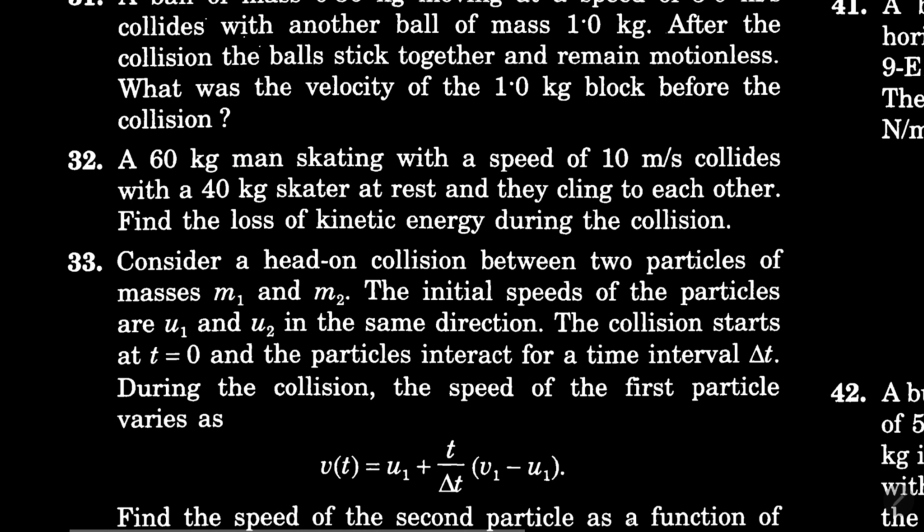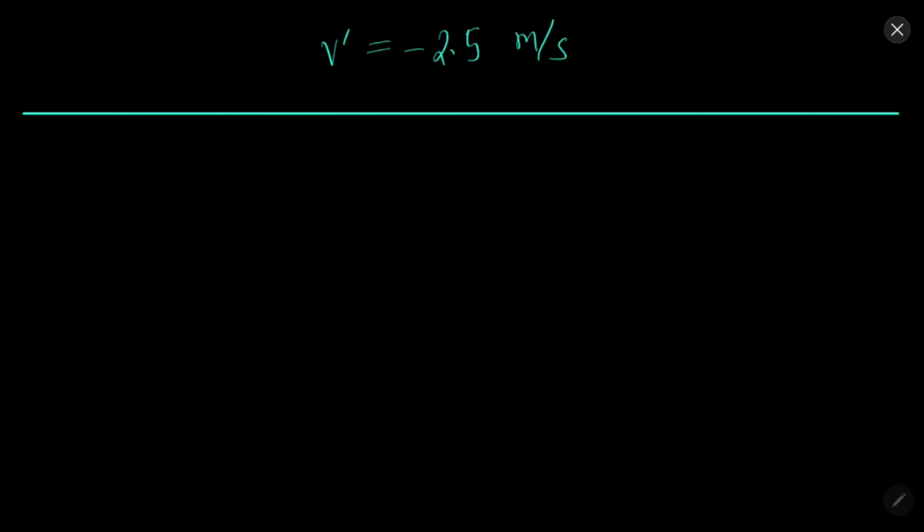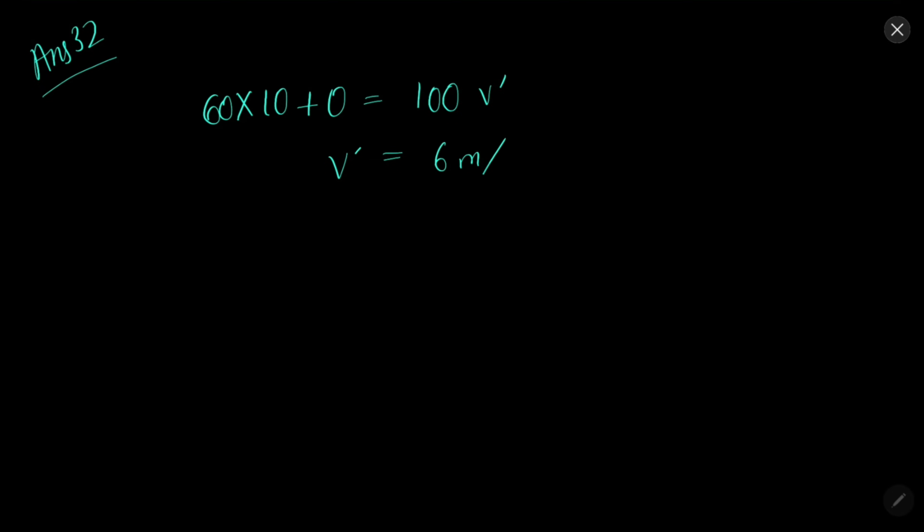In 32, a 60 kg man skating with a speed of 10 meter per second collides with a 40 kg skater. Find the loss of kinetic energy. So this is solution 32. Again, by conservation of linear momentum, 60 into 10 plus 0 equals 100 into v dash. So v dash will come out to be 6 meter per second.